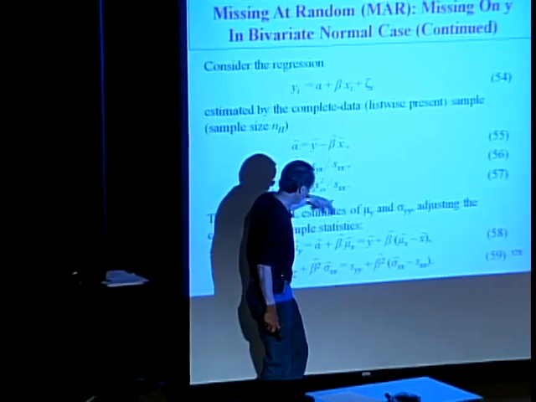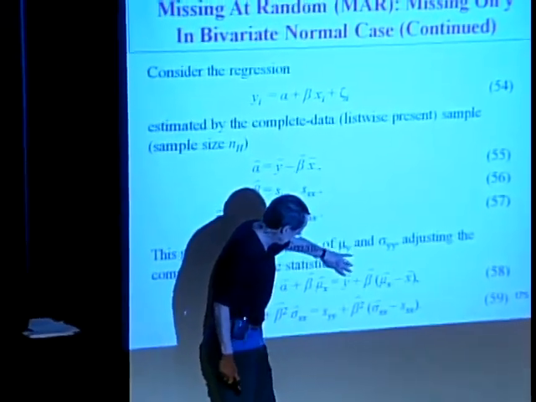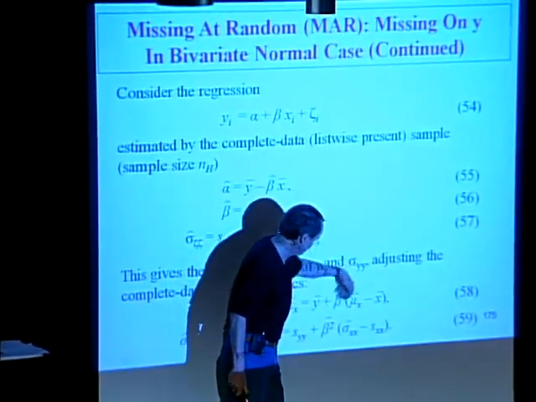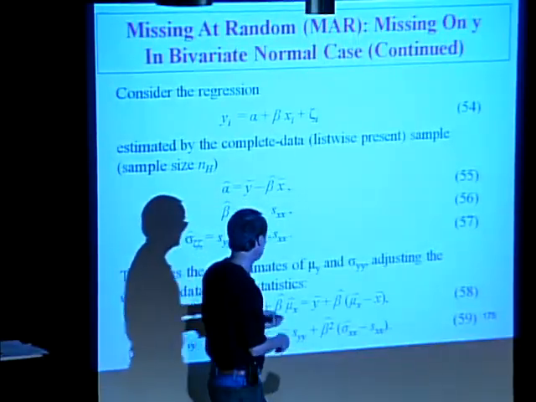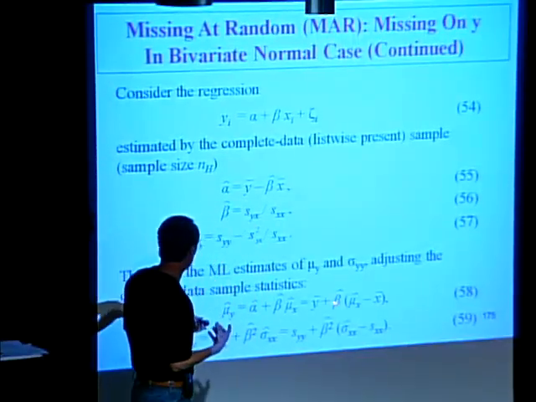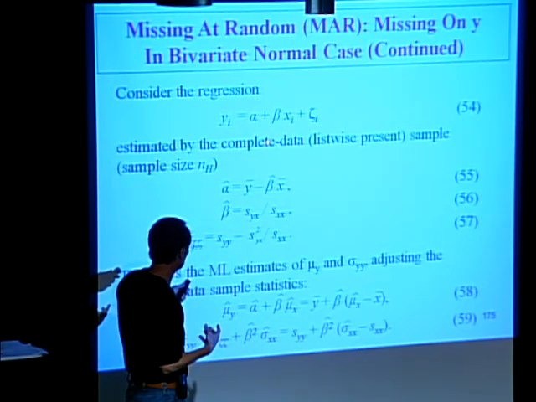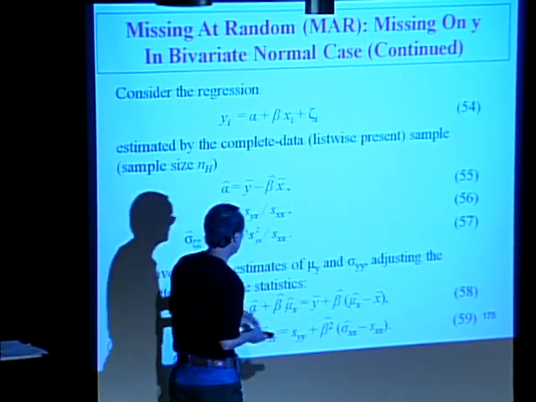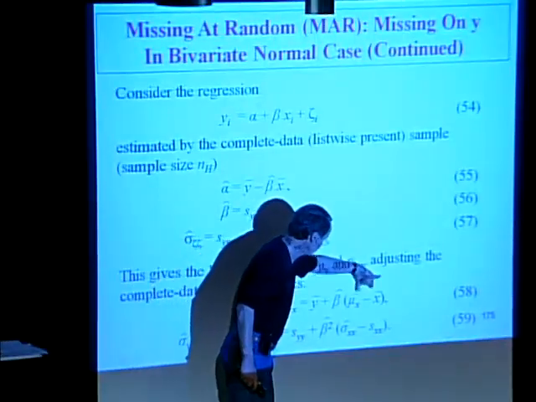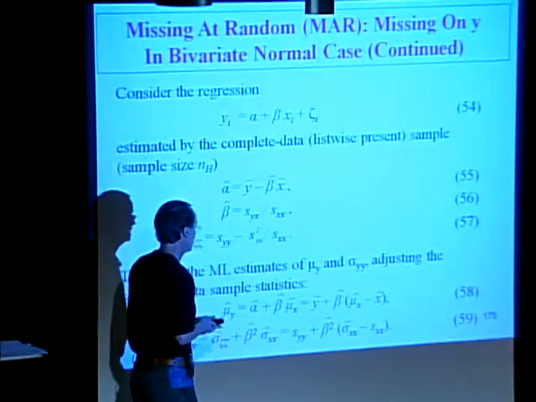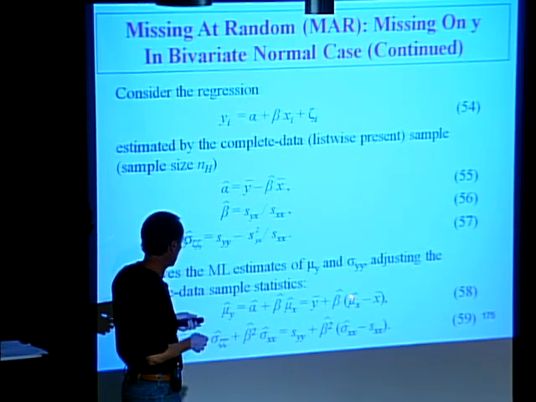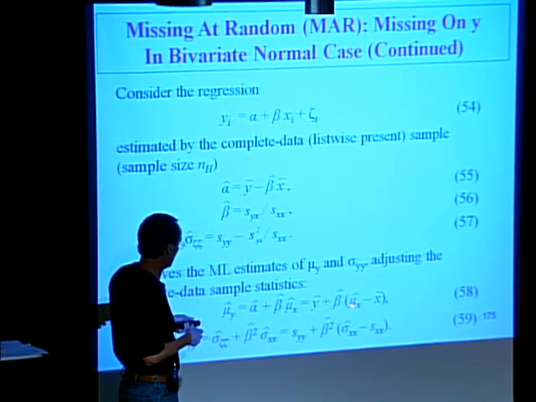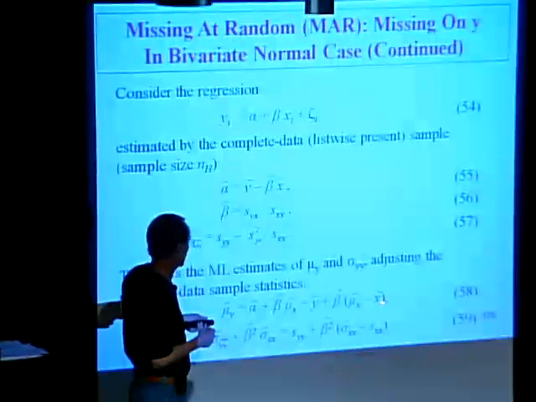But under MAR, that listwise estimate needs to be adjusted by beta hat, which is the regression coefficient for Y on X, saying how strongly related they are, times this adjustment factor, which is the estimated mean of X minus x bar.